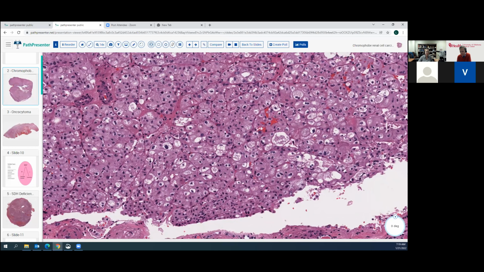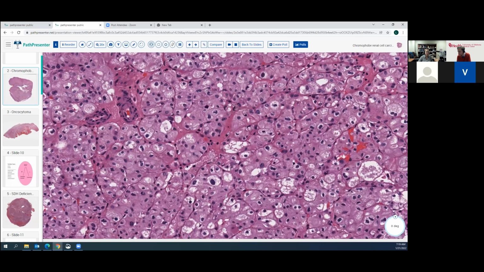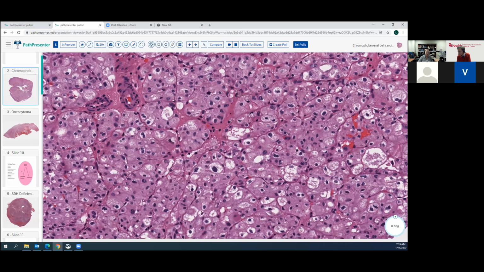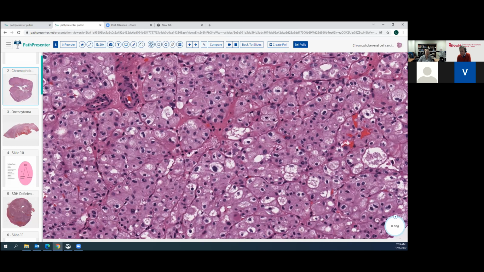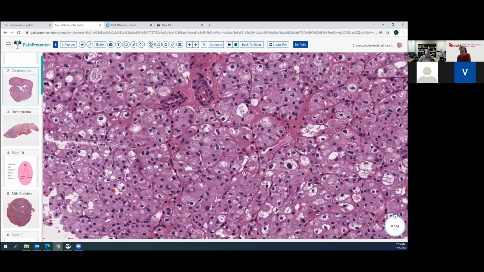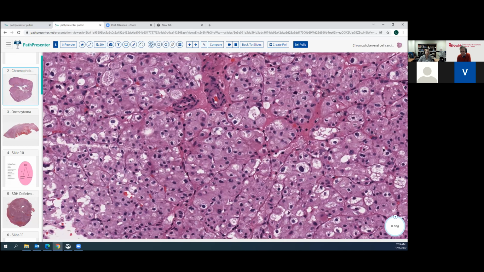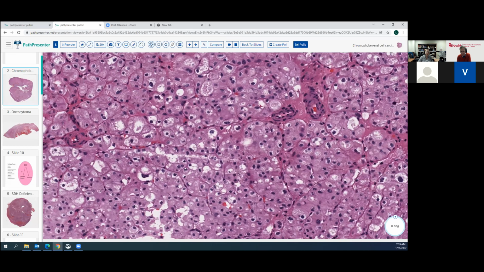Let's look at these cells here. We've got some moderate nuclear pleomorphism, some binucleation. Hopefully you guys can appreciate my arrow key here. We've got some larger, more bizarre cells. This specimen doesn't necessarily have really prominent nucleoli, but this entity can have them.